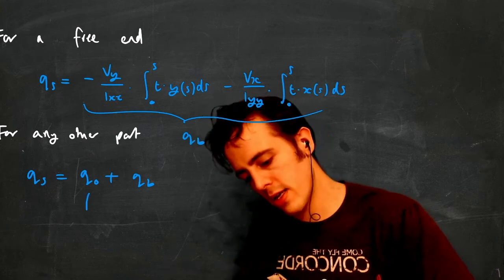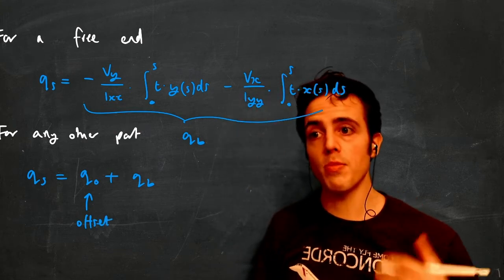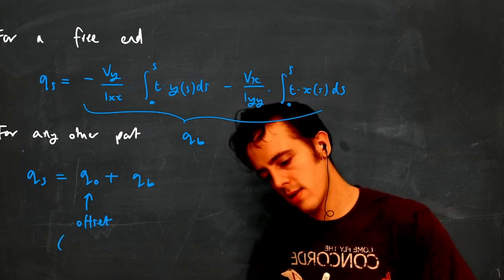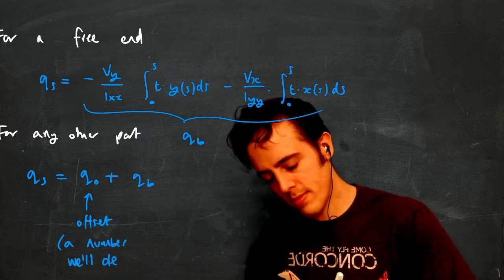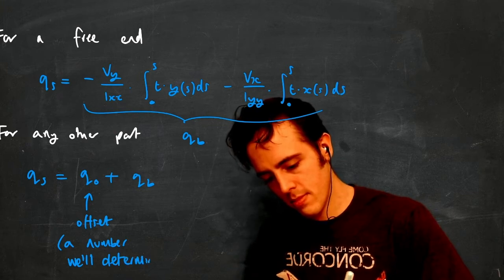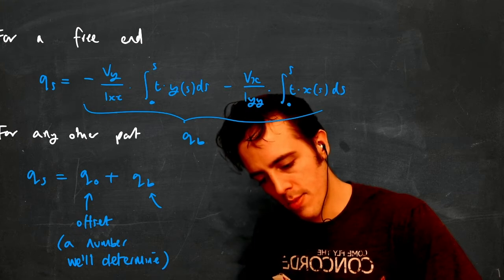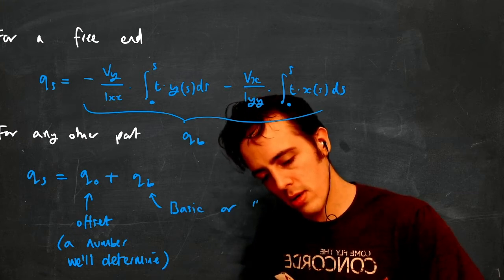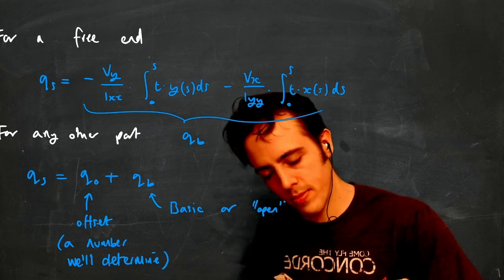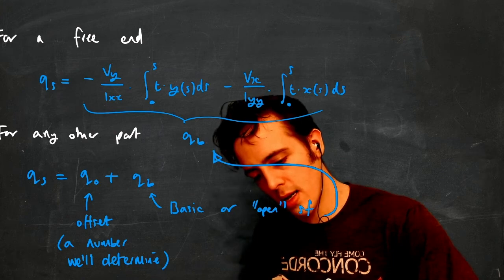And Q0 is just this offset. So that's the offset, which is the bit that we're going to determine, a number we'll determine. And then Qb, b is short for basic or open. And it's just equal to this one up here.